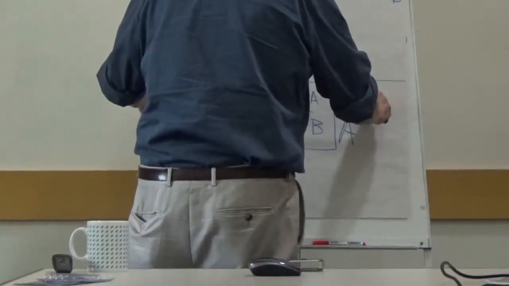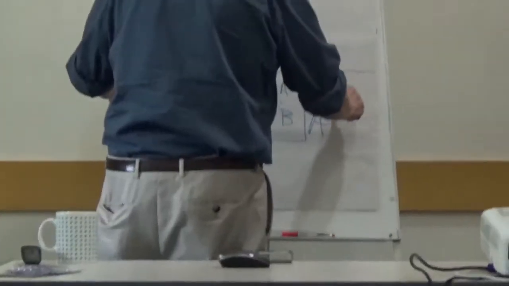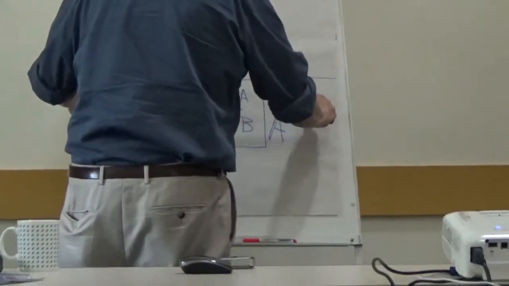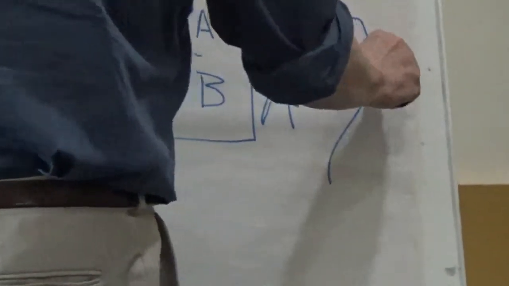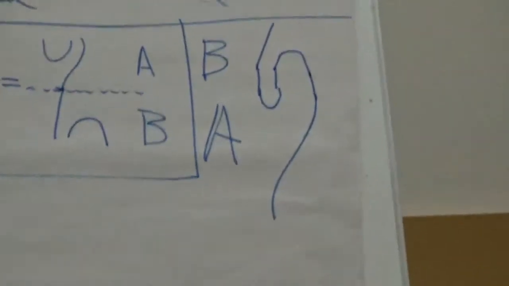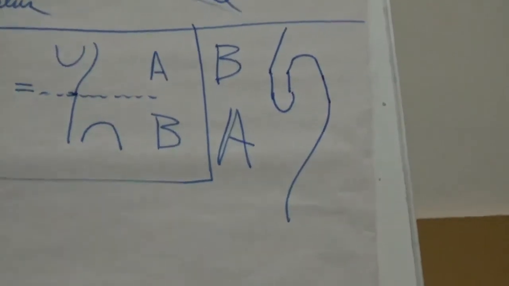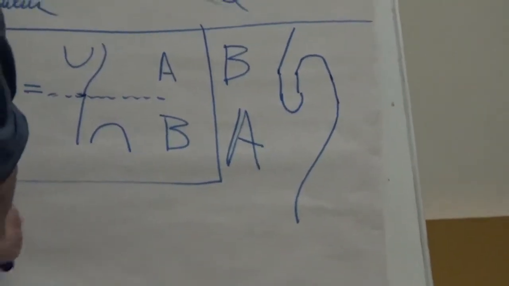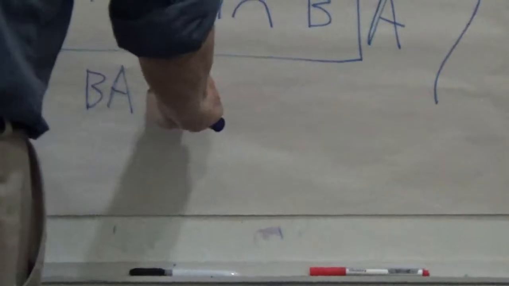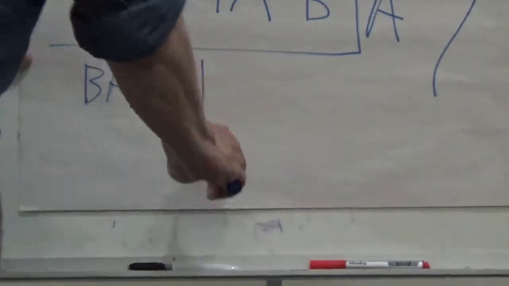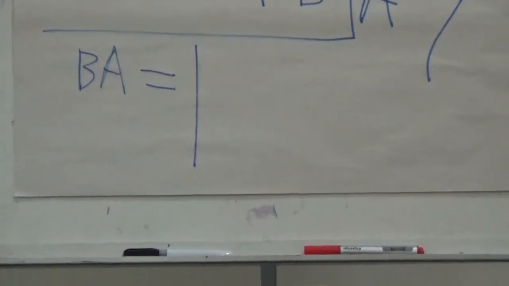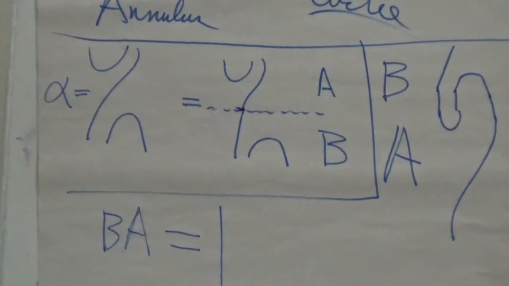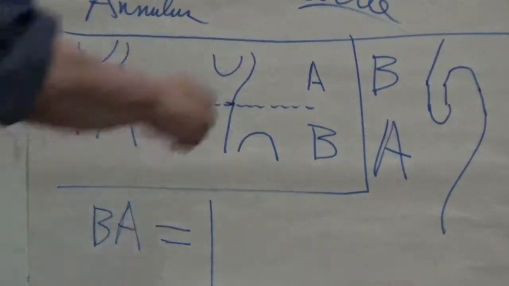Then I get this, and I get this, and that's the wiggle. So we have that B times A is actually equal to an identity. It goes from 1 to 1, and it's just the identity on 1 in this category.